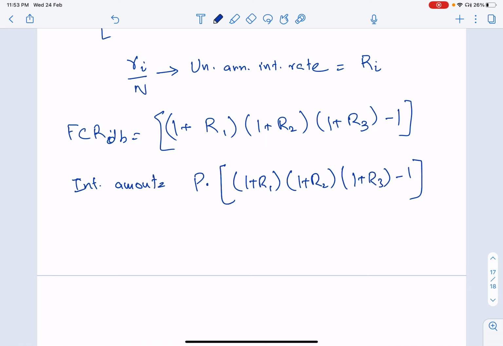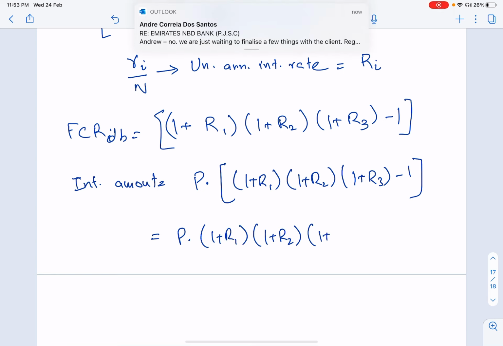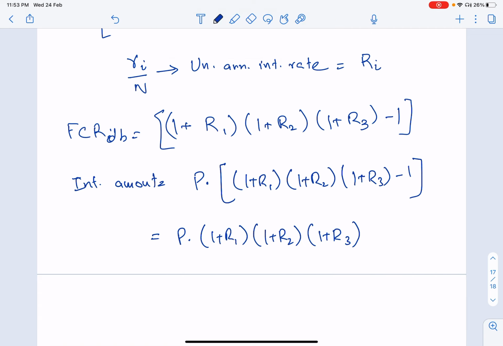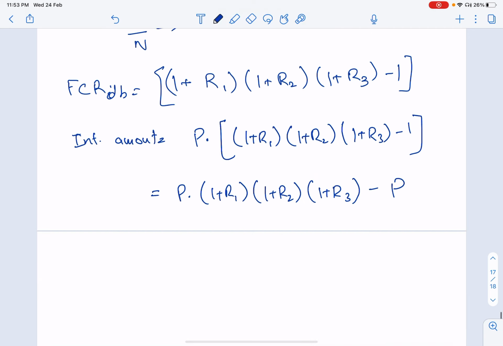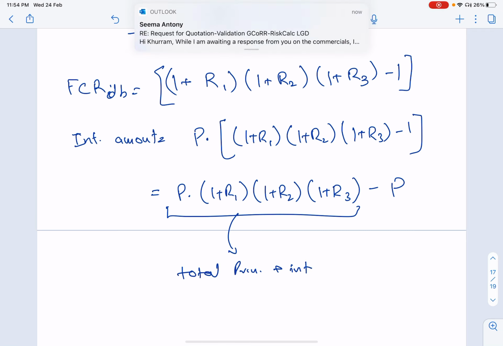Sorry, if I just do it honestly, P times 1 plus R1, 1 plus R2, 1 plus R3 minus P. So if you look at this component, this is basically the total principal plus interest amount.